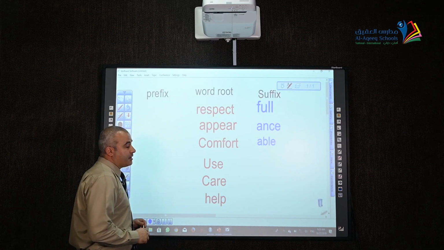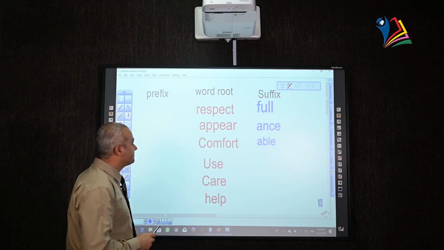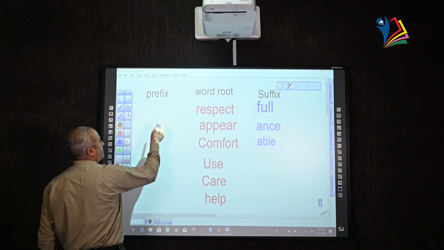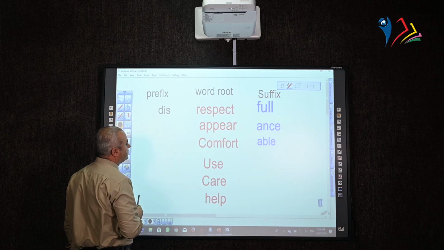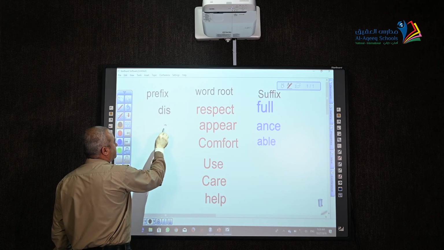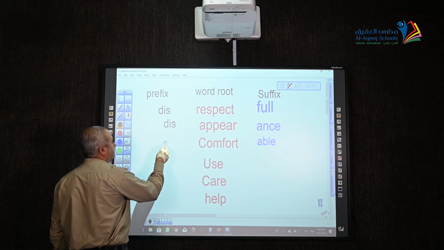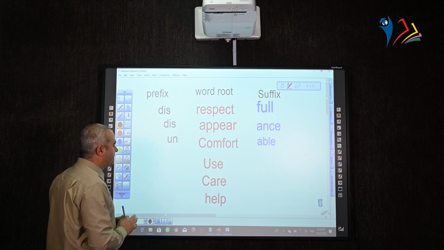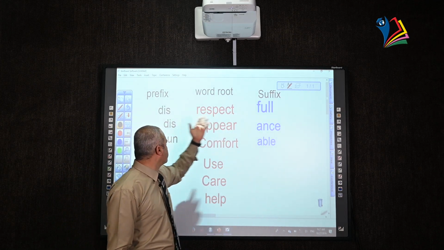Okay, we can add negative prefixes to these word roots. Disrespectful, disappearance, uncomfortable.